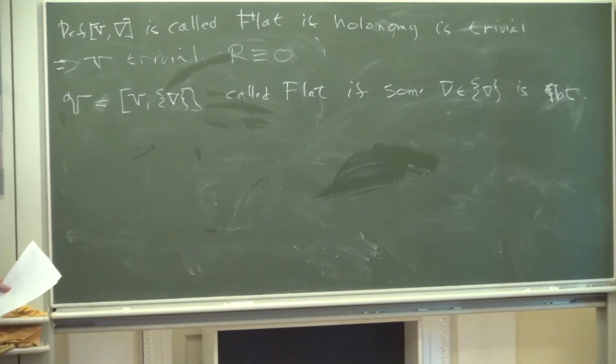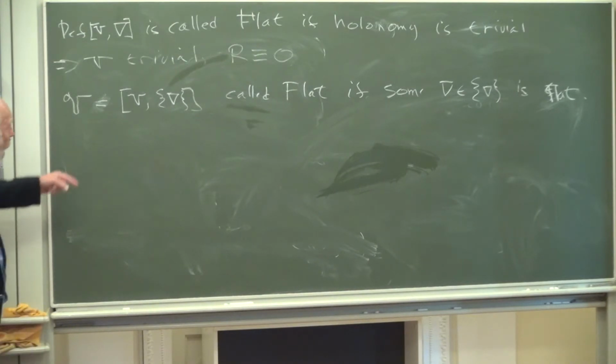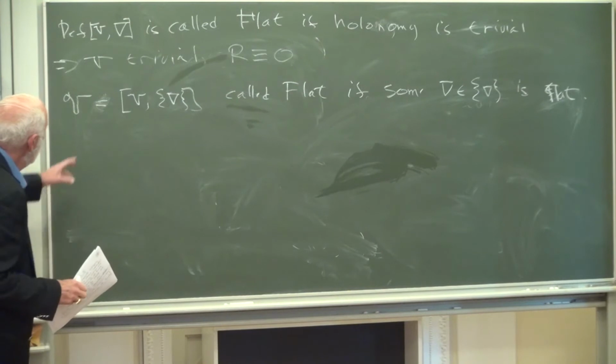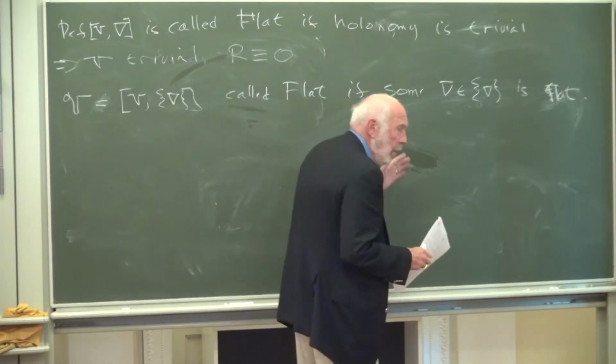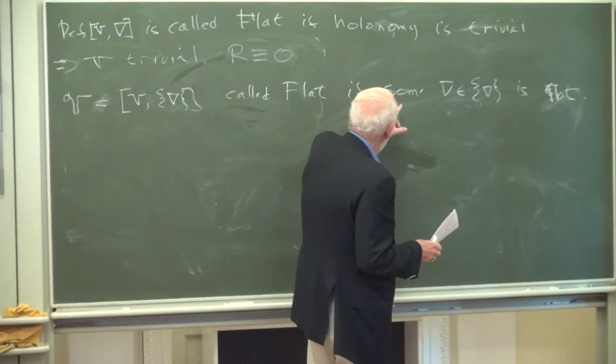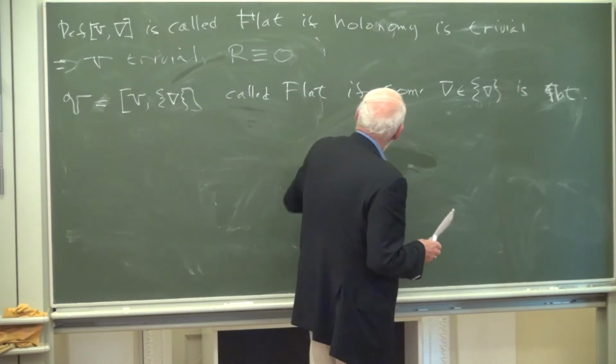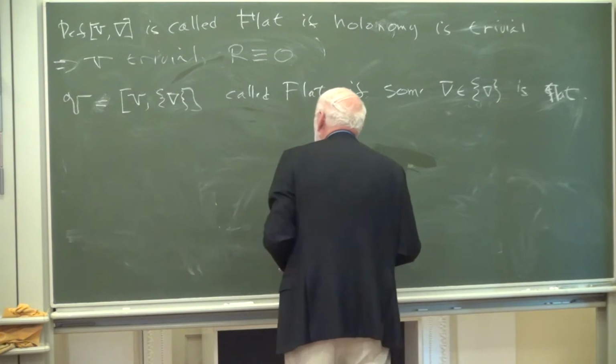So in this last definition, is the bundle itself trivial? Yeah, it's this bundle. I got it. I should have put the word "is" here. When you say a bundle is trivial, that's not a very good sentence.